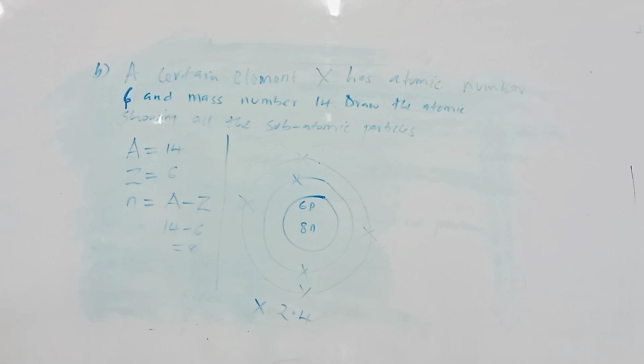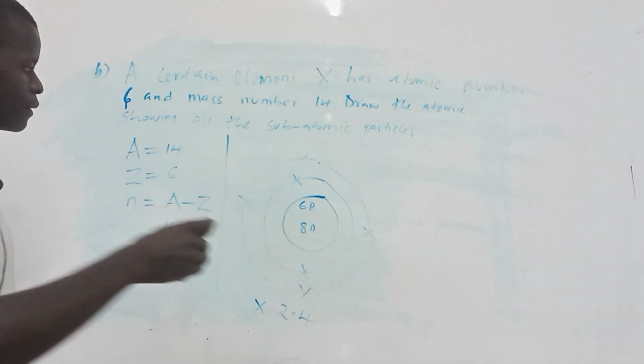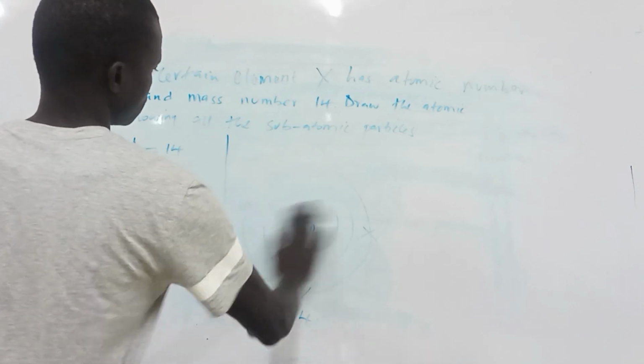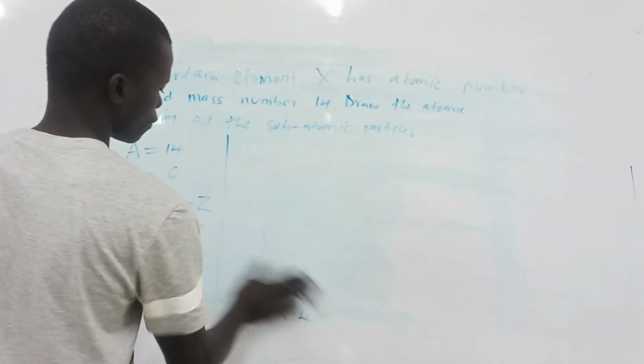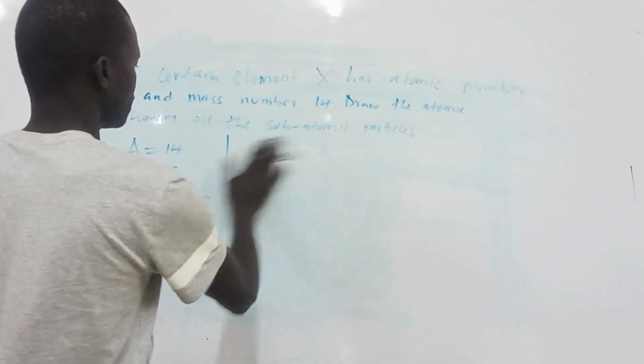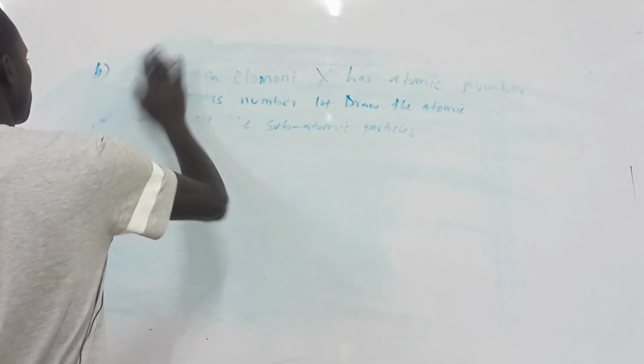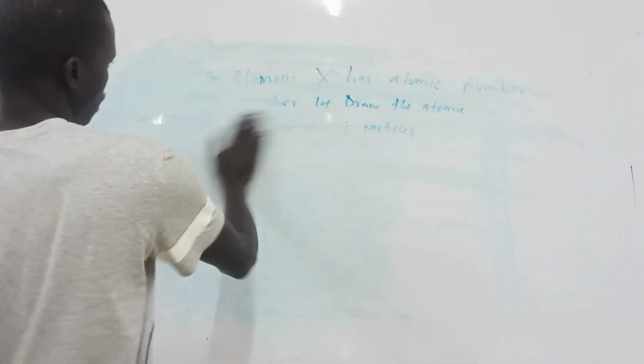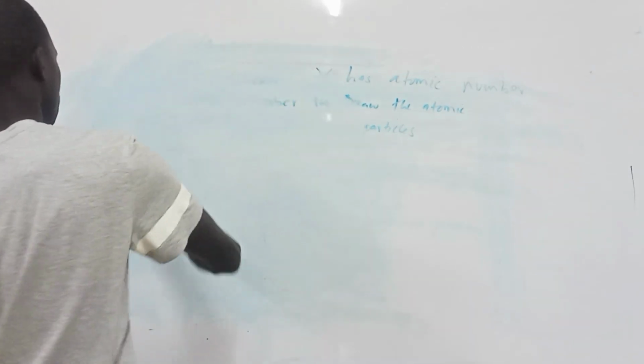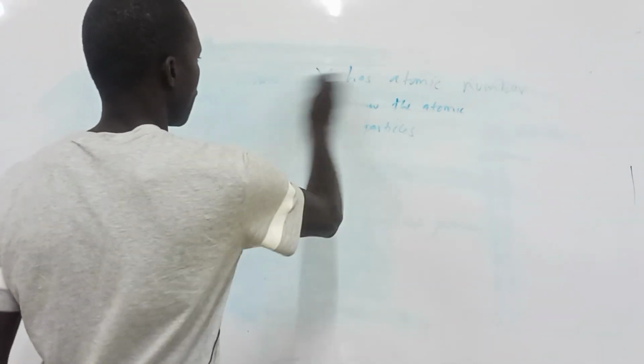We usually write the symbol of an element, including the mass number and the atomic number, because in the periodic table, that's how you'll find them.